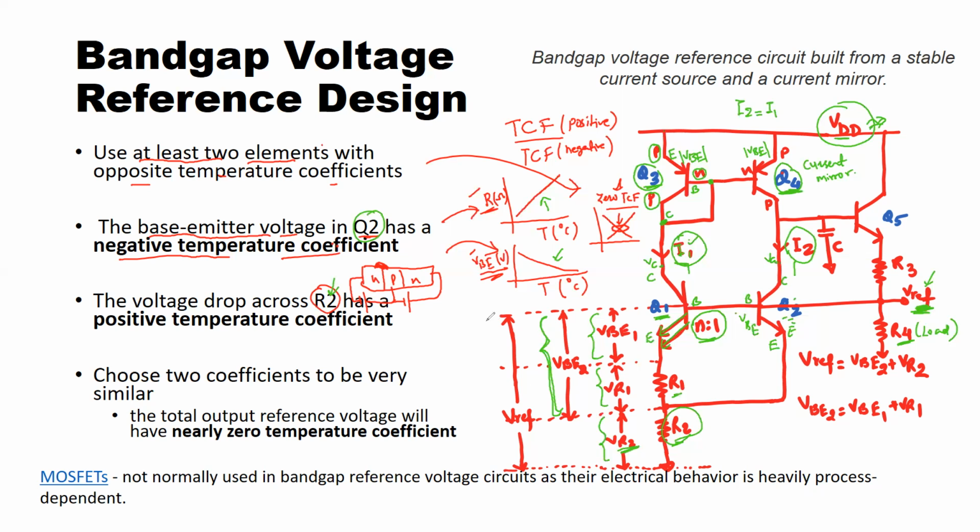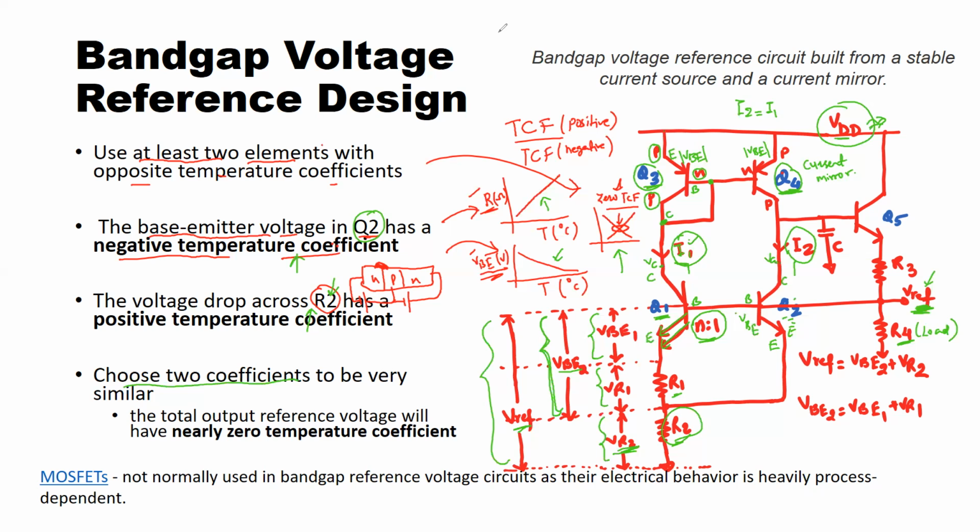So essentially, I am summing these two voltages, that is VR2 plus VBE, to create this kind of response, which is the V reference response. So I am choosing the two coefficients of PTAT, positive temperature coefficient, and CTAT, complementary temperature coefficient.